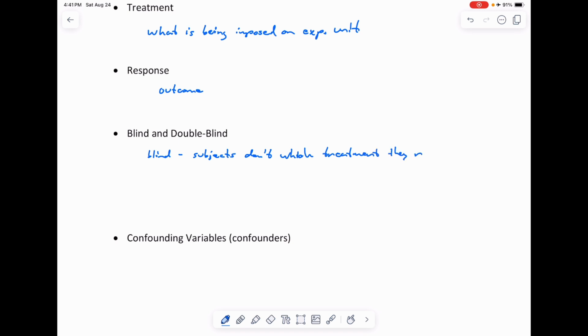And this is important because of the whole placebo effect, right? If I take a pill that has no actual active ingredients in it, but I think I'm taking a pill that's going to, for example, take away my headache, my body, believing that I'm taking a pill to take away my headache, can actually get rid of my headache, right? It's that placebo effect. So that's why you often want two treatments.